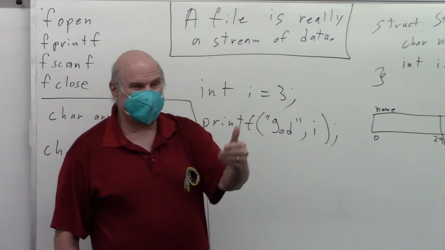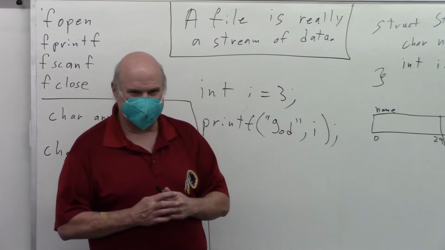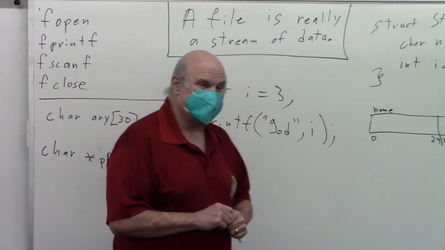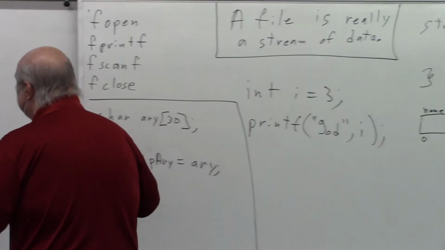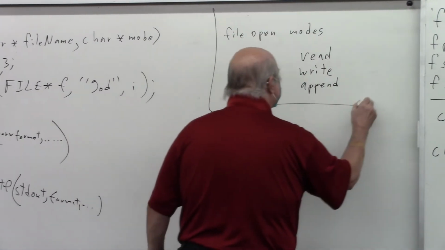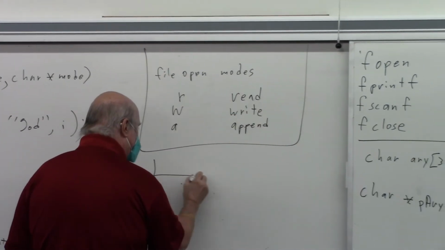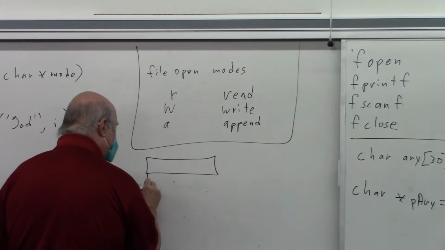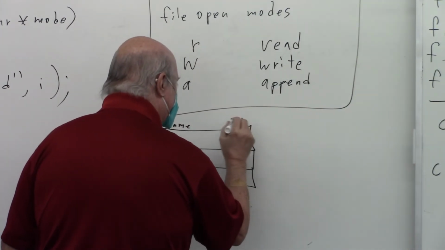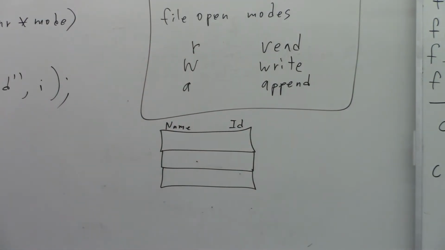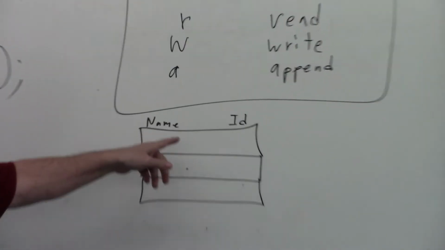Now, because we want to have intelligent access to it, we write a second file that's an index file. So what we actually end up with are two files. One file, and we're going to write it linearly like this. It has the name and the ID in it, and they are just in any order.